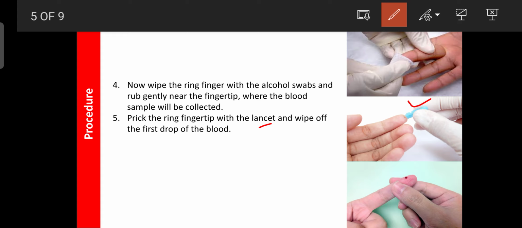In those cases, where you determine hemoglobin, RBC count, WBC count or differential count, you should discard the first drop. But in the case of blood grouping, there is no need to discard the first blood drop. You can massage or press your ring finger to get one big blood drop.